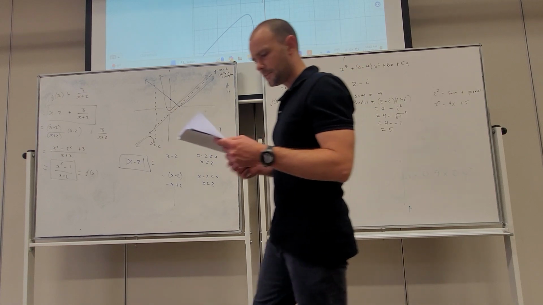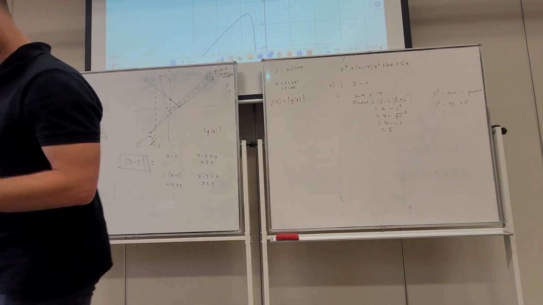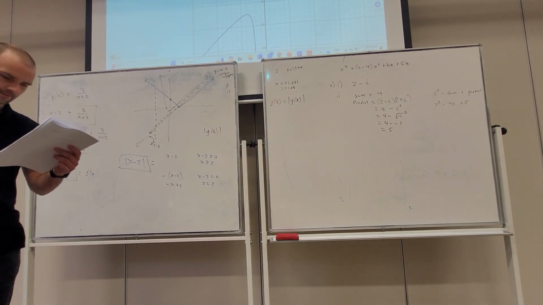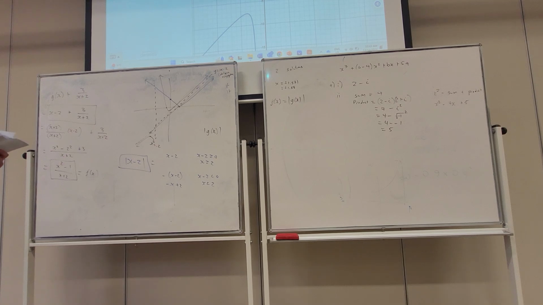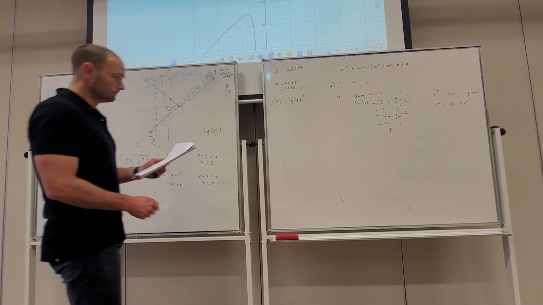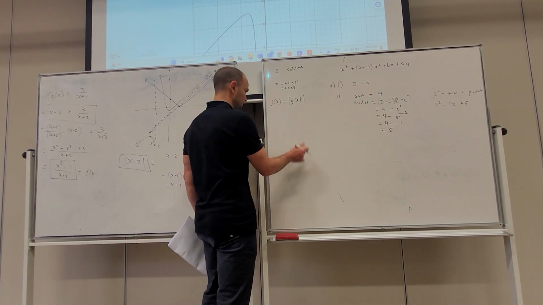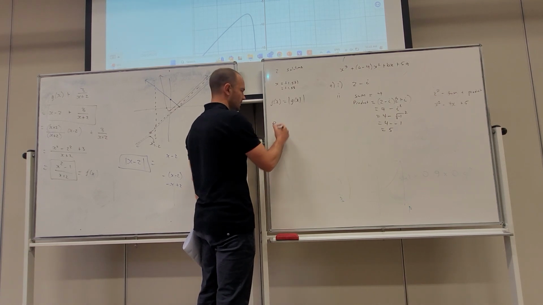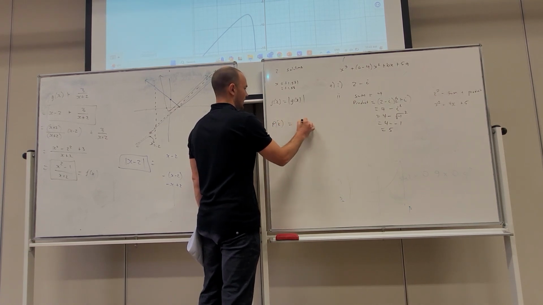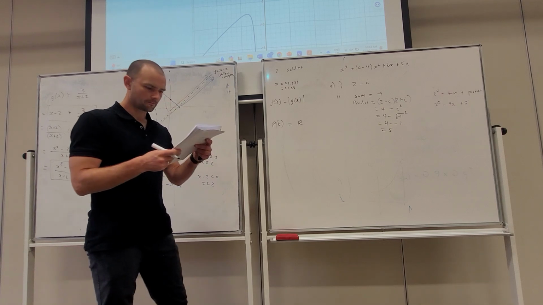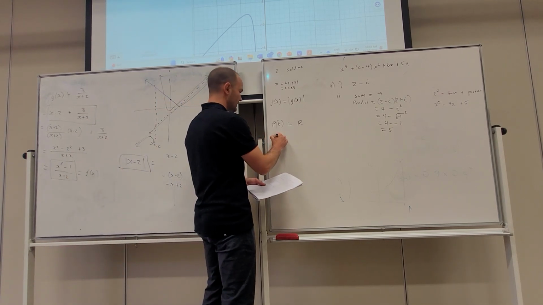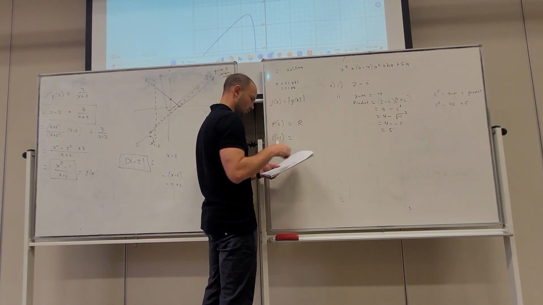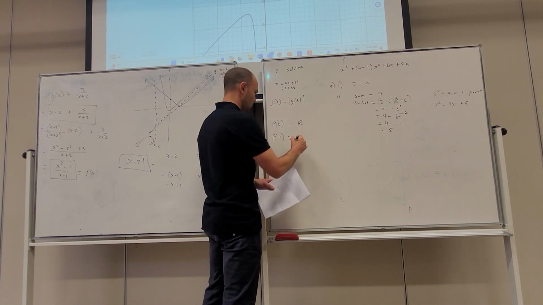Alright, part 1. If the remainder is minus 40 when p of x is divided by x plus 1, show that 6a take b equals 35. So here we're using the remainder theorem, which says if we divide by x take k, then p of k equals r. So that's what we're using here. So we're dividing by x plus 1, so that means p of minus 1 equals minus 40.